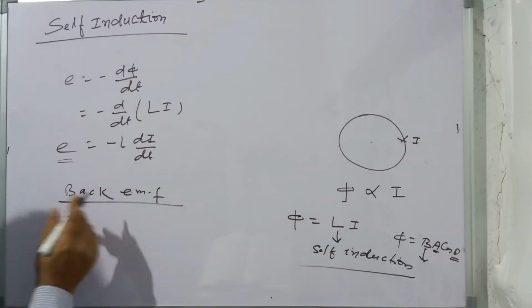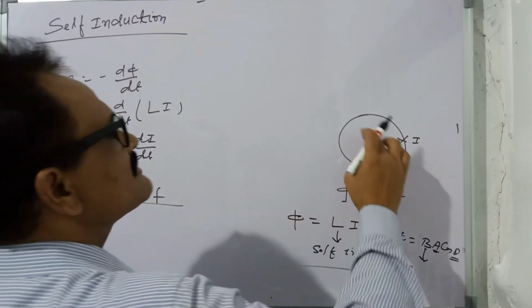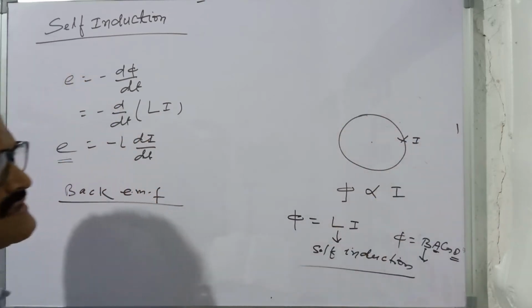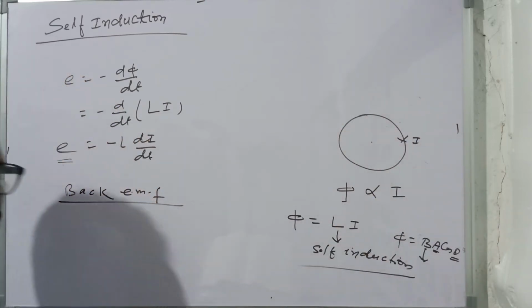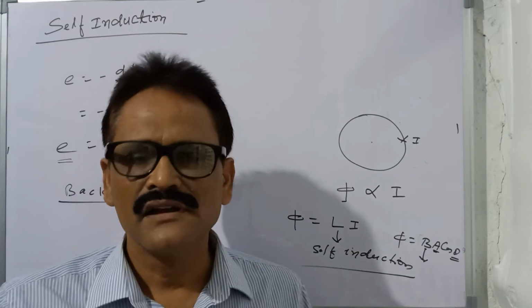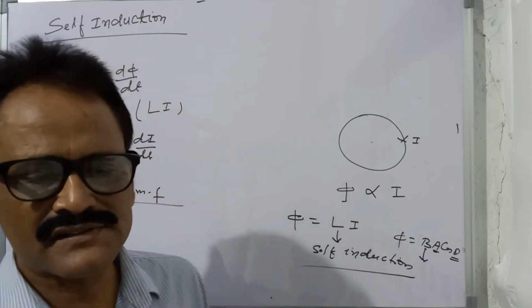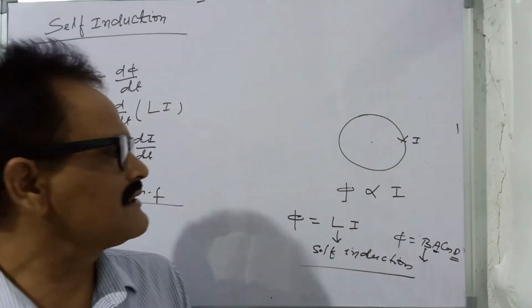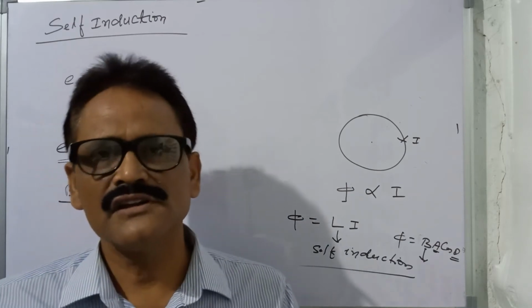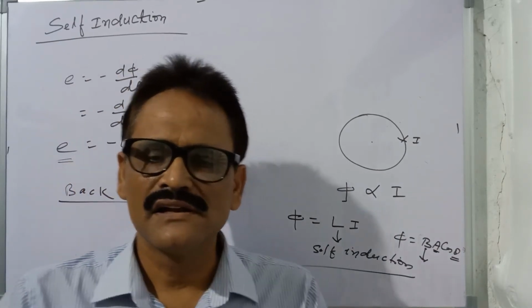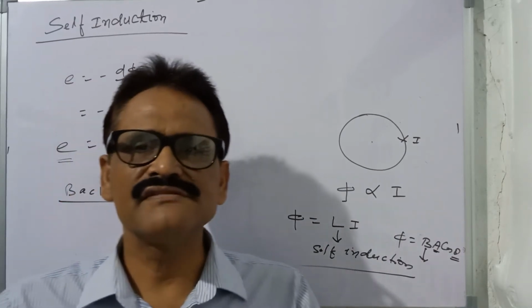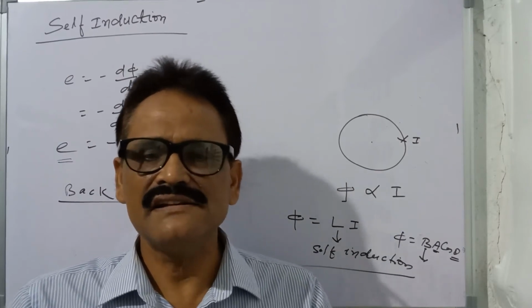And thus we can see that its role is the same as the role of mass in mechanics. You know that in mechanics, a body has a property by which it always opposes the cause of the change in its state.